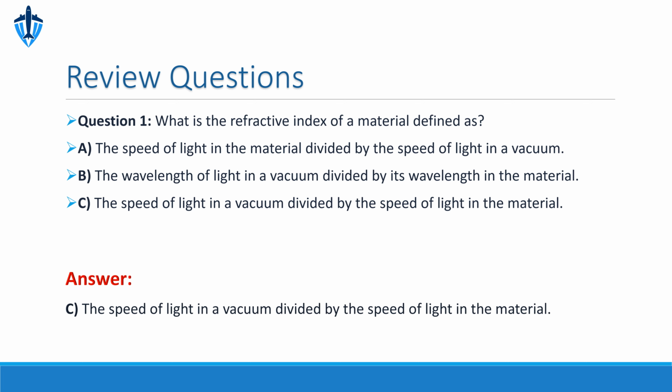It is mathematically defined as N equals C divided by V, where C is the constant speed of light in a vacuum and V is the slower speed of light in that specific material. Therefore, a higher refractive index indicates a greater reduction in speed. Option A is the inverse of the correct definition. Option B describes a related effect but defines the refractive index incorrectly.